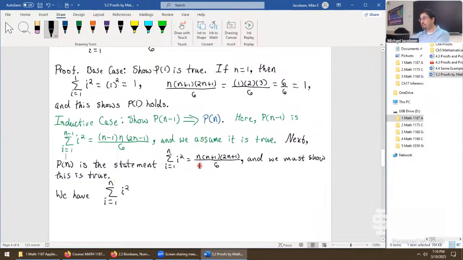We need to show that this equation holds, but I really can't go in any direction forward unless I use the prior knowledge that that formula actually holds. This might feel like déjà vu from the last problem. It means we can split up our sum in this way: i equals 1 to n−1, summation of i squared, because we actually know what that value is going to look like.